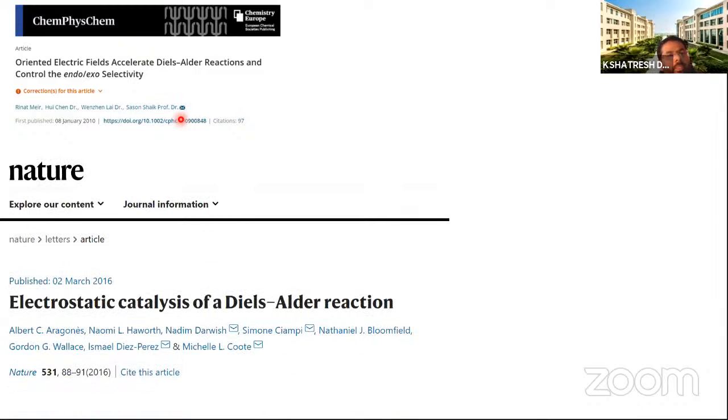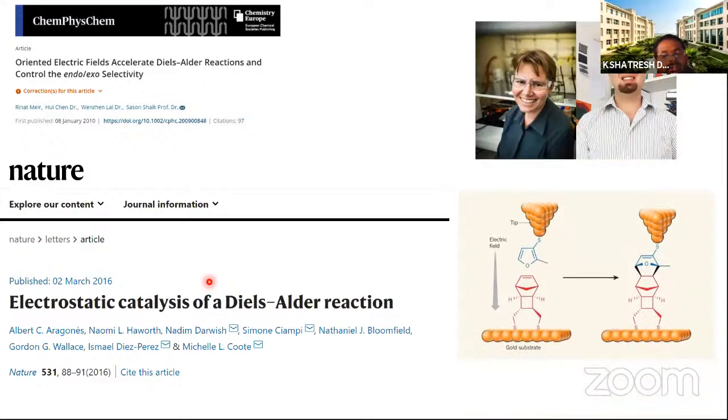But in 2016, there was one Australian group, Michelle Coote, as I mentioned. She was motivated by this paper, and for the first time she experimentally verified this concept given by Professor Shaik. She mentioned that this is a type of proof of principle by experiments.